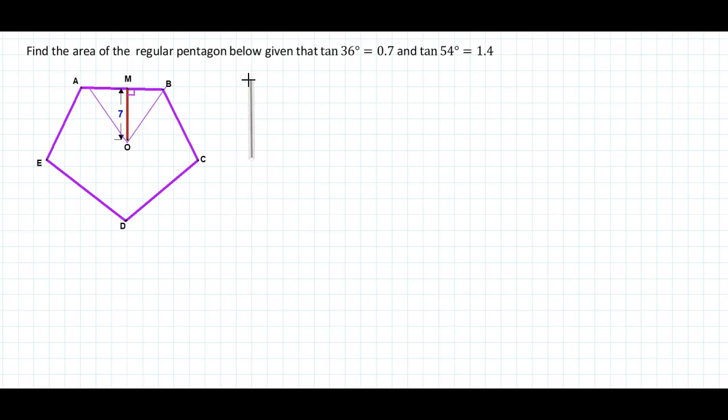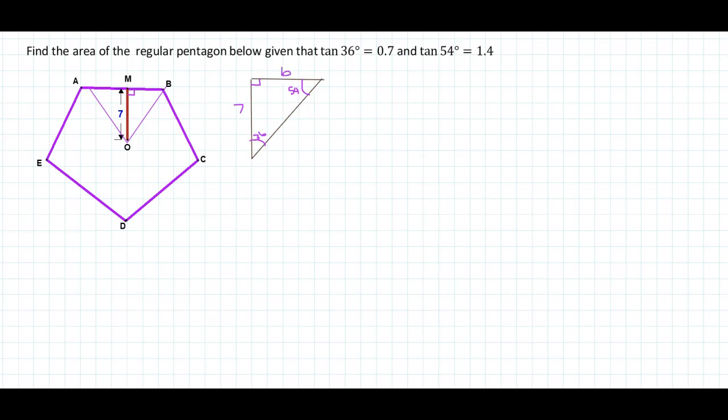So here's what our right triangle is going to look like. Okay, so our right triangle looks like this. We have 7 right here. We have 54 right here. We have 36 right here. And then we need to find the base.